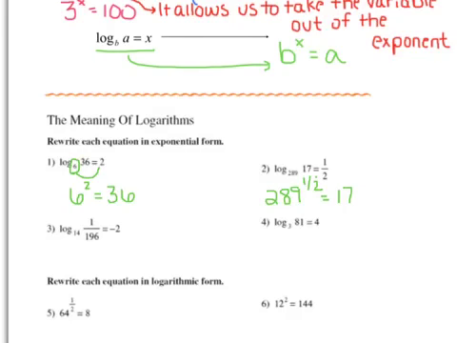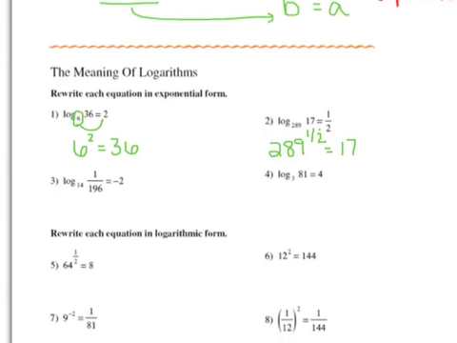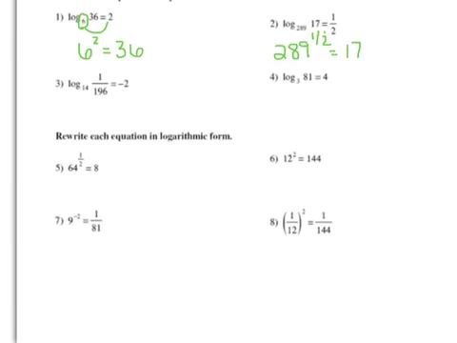Let's try a couple of the ones down here where you're going the other way, where I give you something that's been written in exponential form, and I ask you to write it as a log. So for number 6, I would say log. Remember, the base of a log is always the number that's being raised to the power.